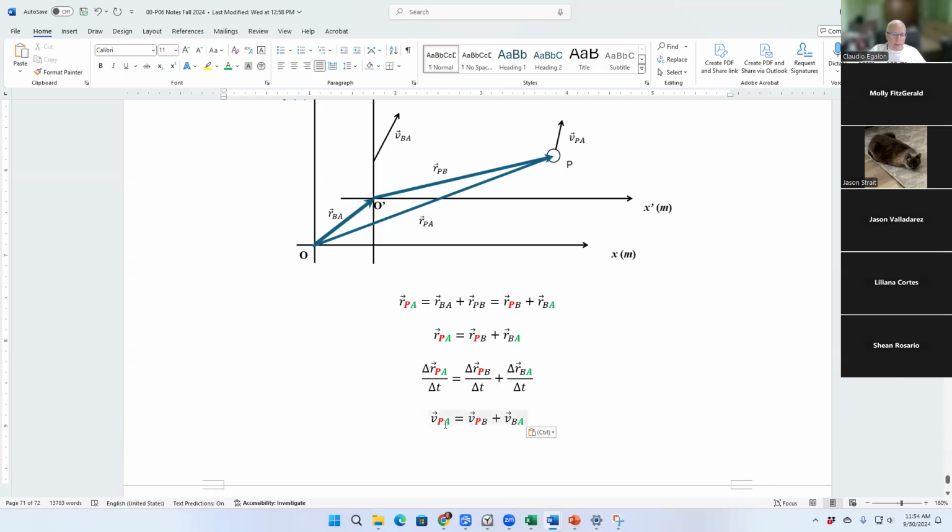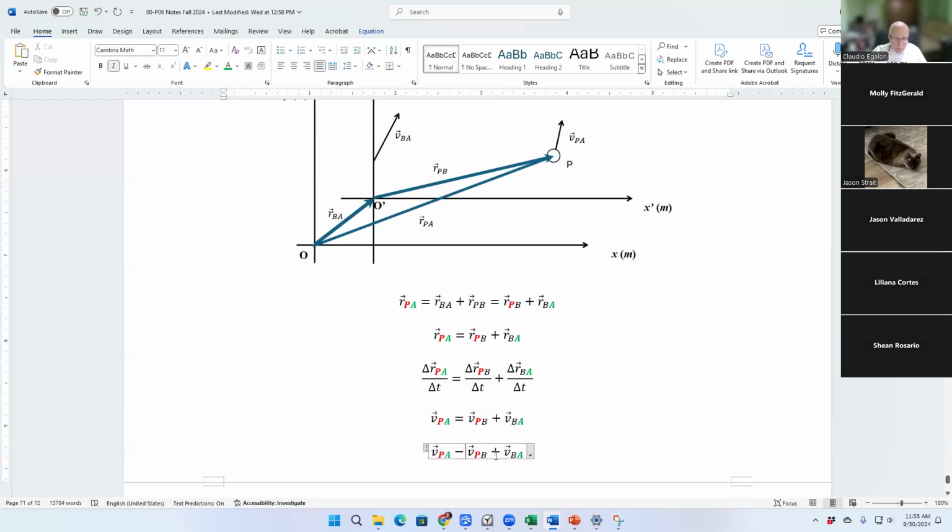And the notation still is carried over, right? P here, A here, A here, B repeated, okay? And we want to find this guy right here. So what we do? We just solve for VPB, right?